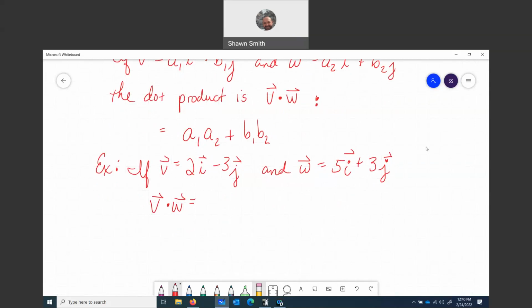It's a numerical value. Like when we did unit vectors, we figured out that we can divide by the magnitude. The magnitude was a scalar value, right? A real number. So this is just going to be 2 times the 5 added to the -3 times the +3. So it's 10 minus 9. The value is 1. So the value of that dot product is 1.